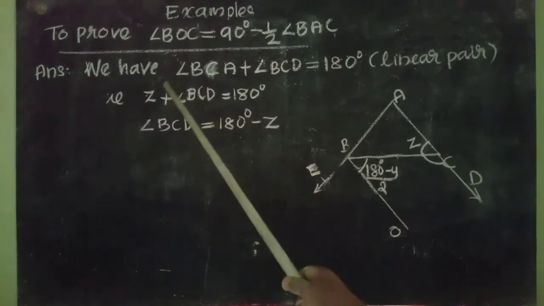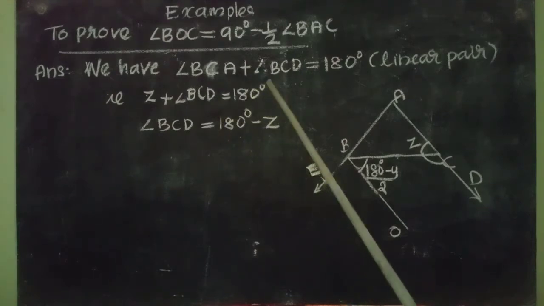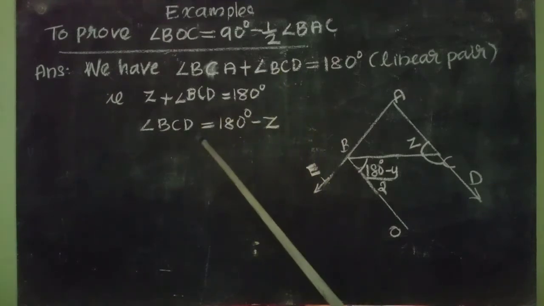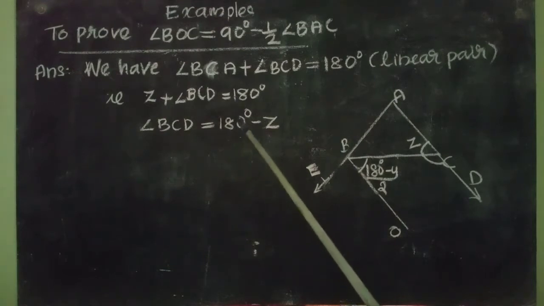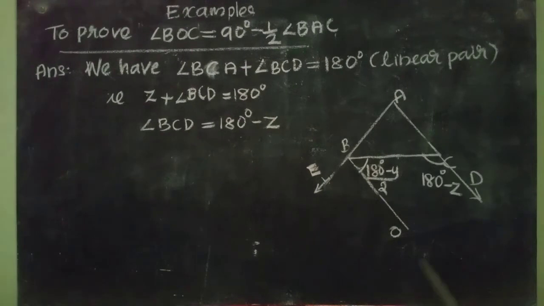That is Z plus angle BCD equals 180 degrees. Angle BCD equals 180 degrees minus Z. So now we get this whole angle equal to 180 degrees minus Z.